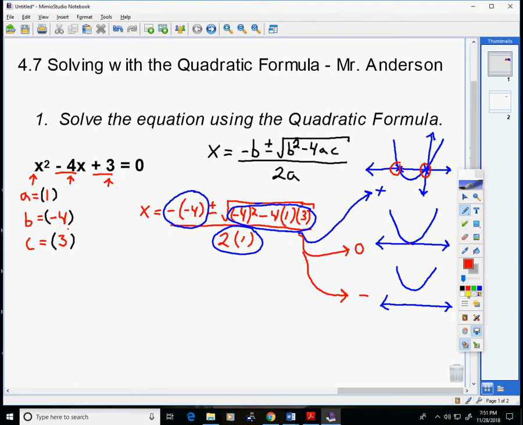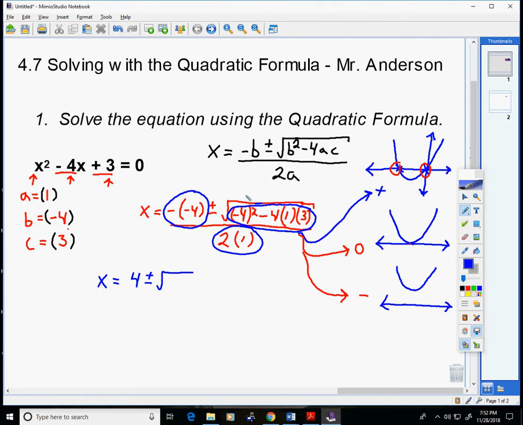So let's simplify here. I want to simplify this first area. Negative 4 is 4, plus or minus the square root. Now what I'll do here is I will simplify both these terms, just right above the radical, to help me keep things straight and simplify correctly.